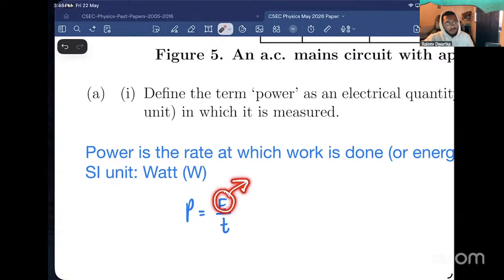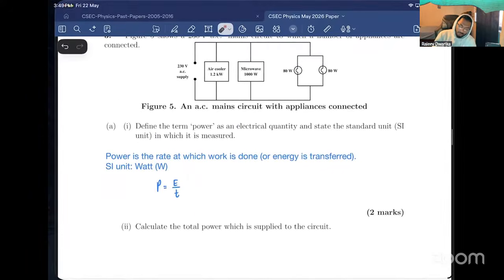Energy is work done. If I'm dividing work done by time, then I'm dealing with a rate. Anytime you divide by time, it's a rate. So power is just the rate at which work is done. And the SI unit is watt. And the formula is P is equal to E over T.